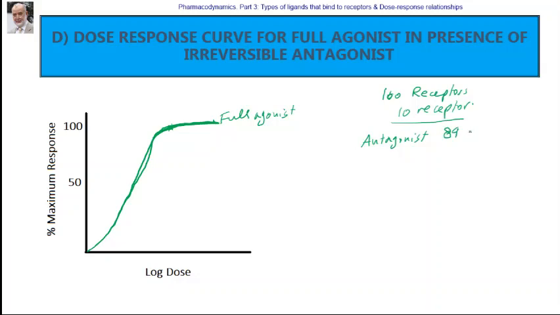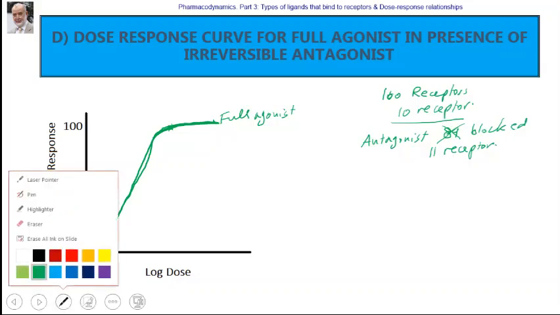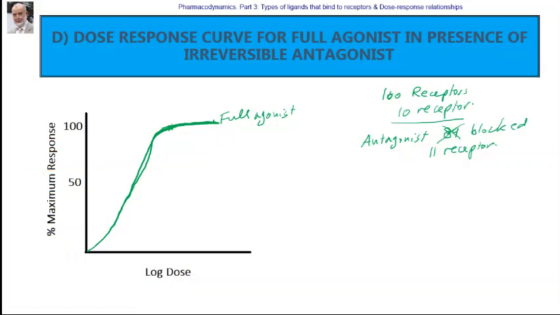That means 89, once they are blocked, that means end of the receptor, like they are not there. So 89 blocked. How much is left out of 100? 11 receptors are left from the total. So in this case, if I add agonist, what will I see?